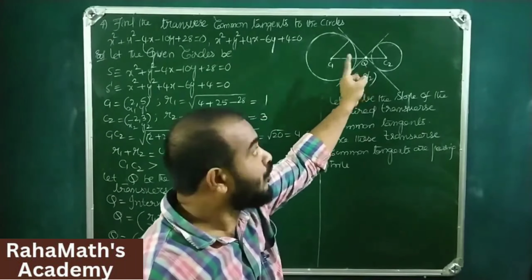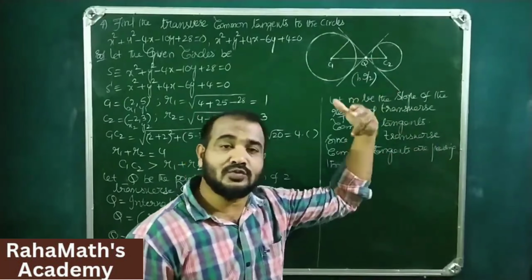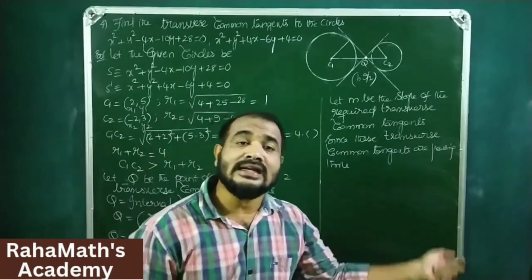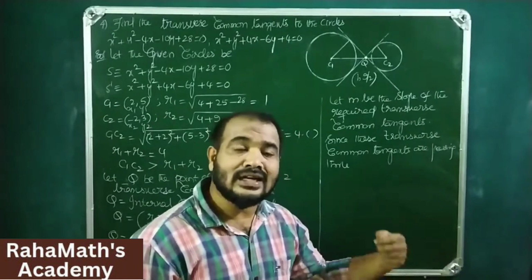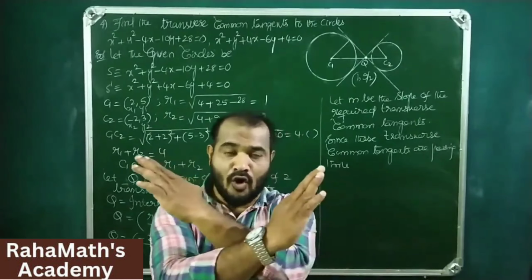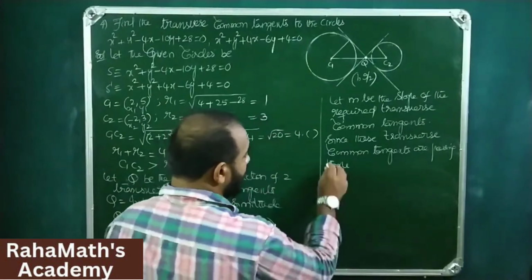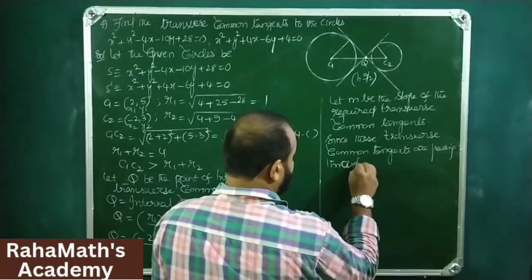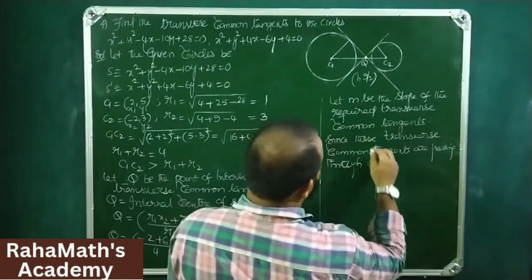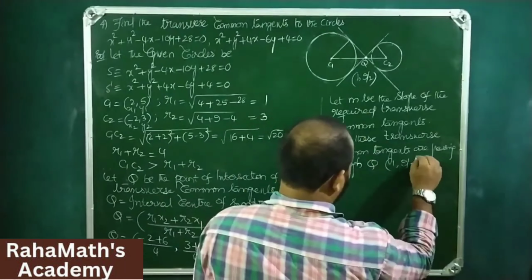Q. Because the transverse common tangent passes through the internal center of similitude, since the internal center of similitude is the point of intersection of the two transverse common tangents. So through Q. What is Q? 1 comma 9 by 2.